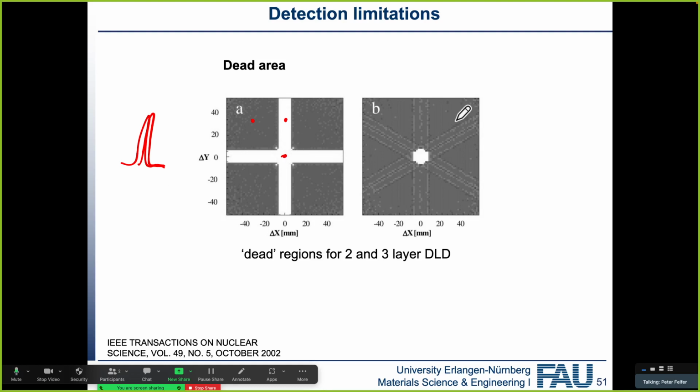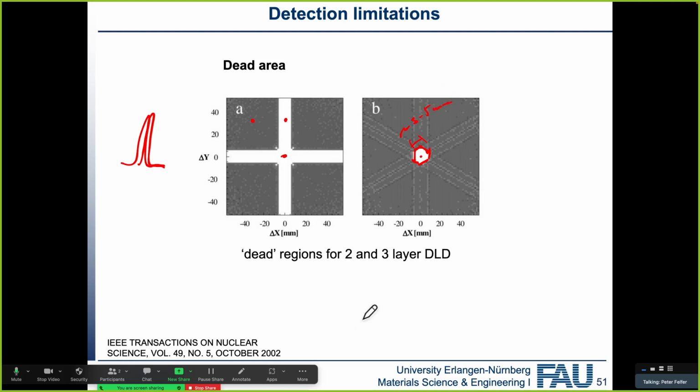And if you have a redundant delay line, we have additional information. And then you would only have a very small so-called dead area where you can't distinguish between the individual hits. And this dead area then typically is around 3 to 5 millimeters on the detector.